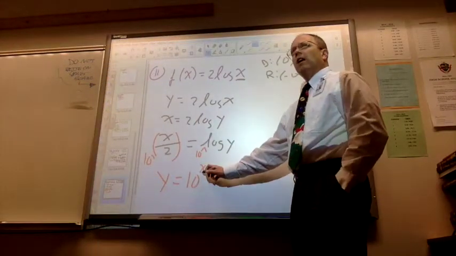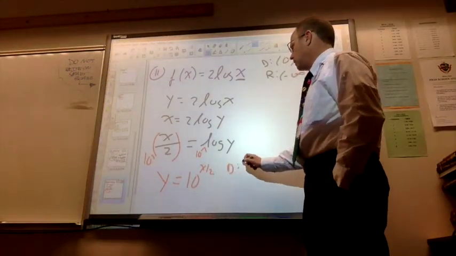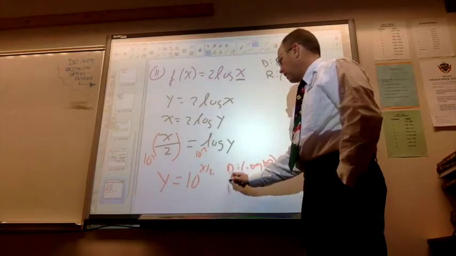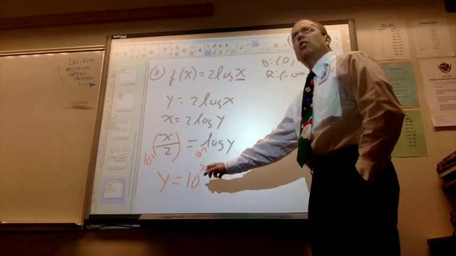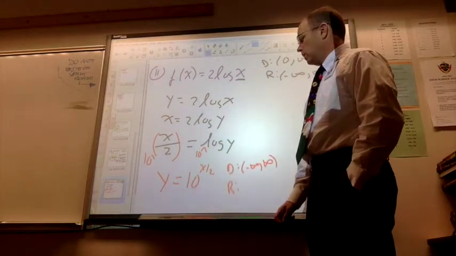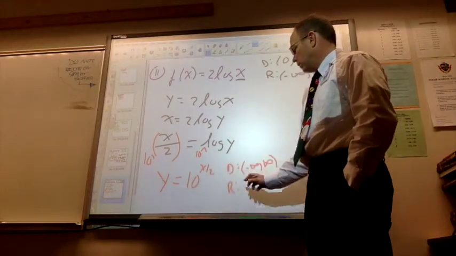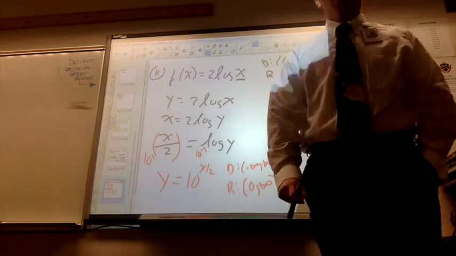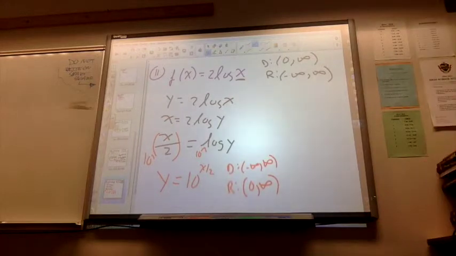Again, can I plug negative values in for x here? Yes. No matter what I do to this, though, I can't get a negative value out. Can I get 0 out? No. I can get close to it. I could have. Absolutely.